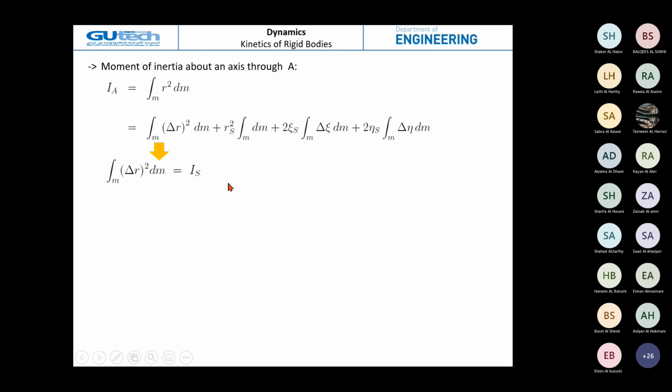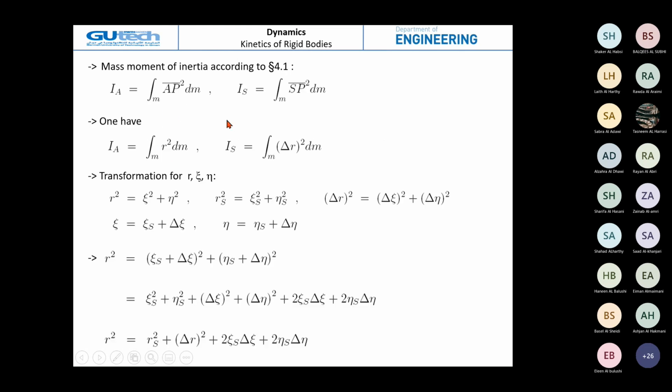Then we get the following relation for the moment of inertia about an arbitrary axis through A. Now we have IA, it's R squared dm by definition. Now we take term by term.